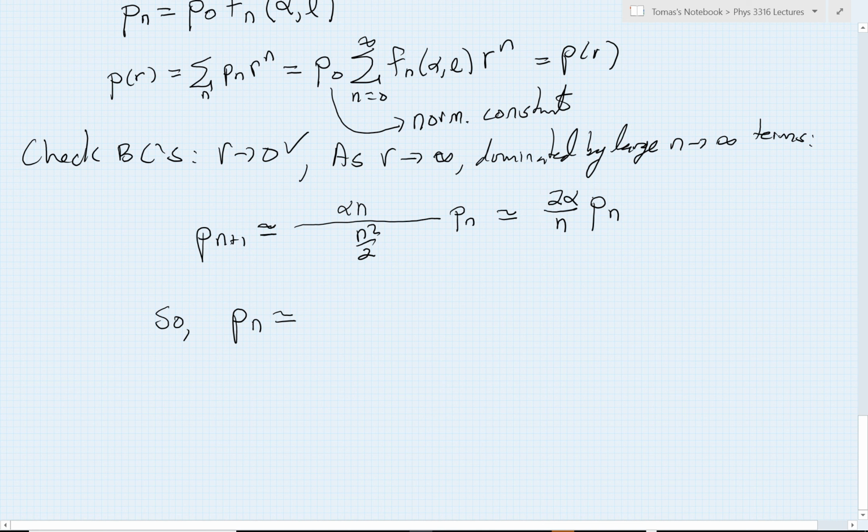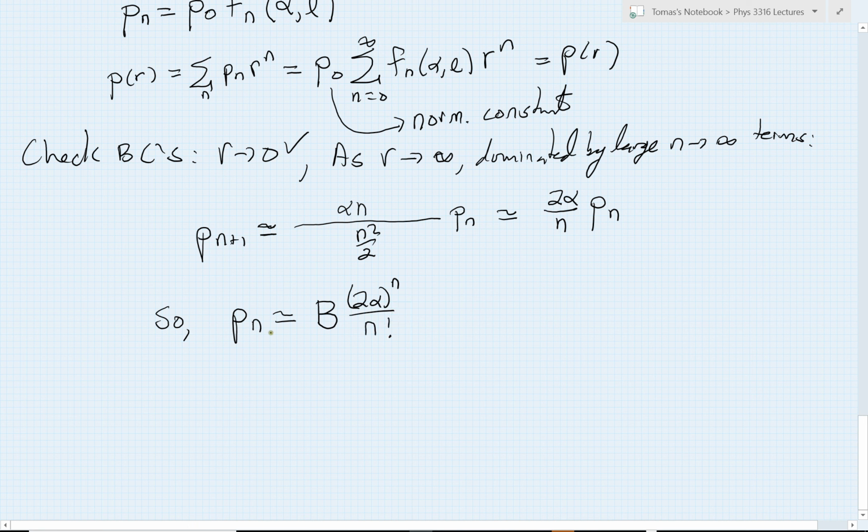So I can say conclusively that for very large values of n, the terms there are going to be like some proportionality constant, which I will call b, times 2 alpha to the power n, because I need an extra 2 alpha every time I move up in the sequence. And in the denominator, notice I'm dividing by n times n plus 1 times n plus 2, etc., which is exactly reproducing the product for n factorial.